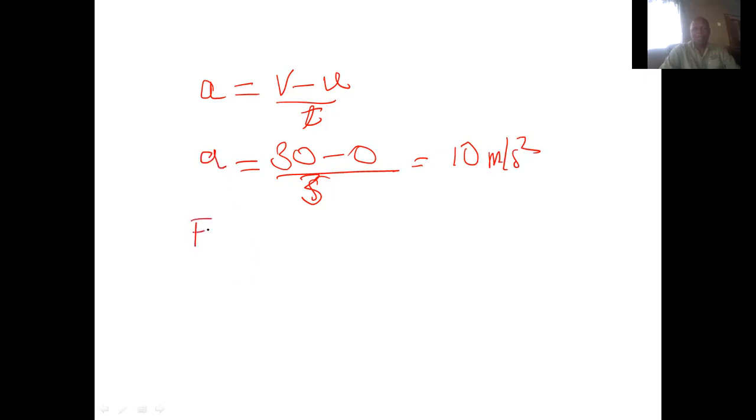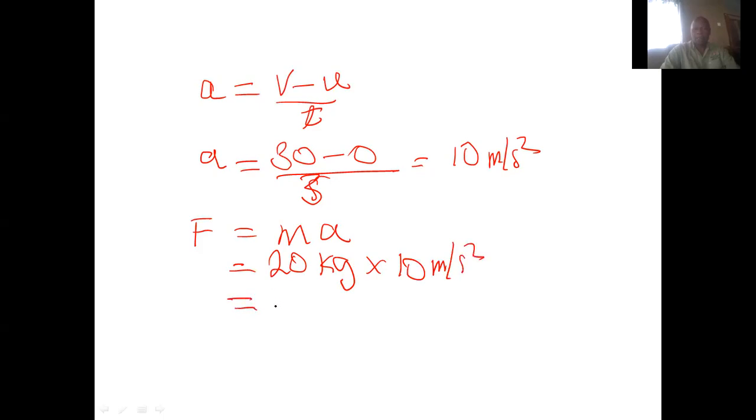And therefore force would be equal to mass multiplied by acceleration. We are told that the mass is 20 kg, so 20 multiplied by 10 meters per square second gives us 200 newtons. So basically, this is how we can make use of Newton's second law to calculate force.